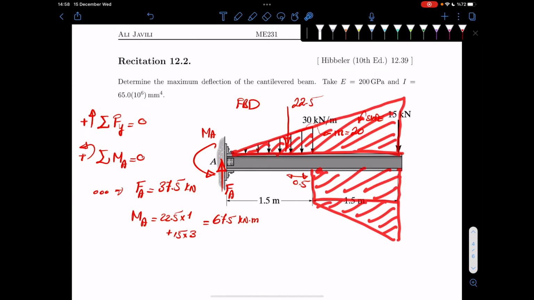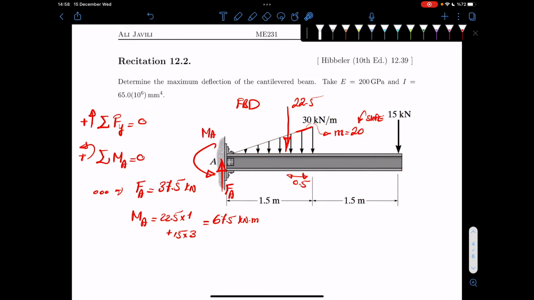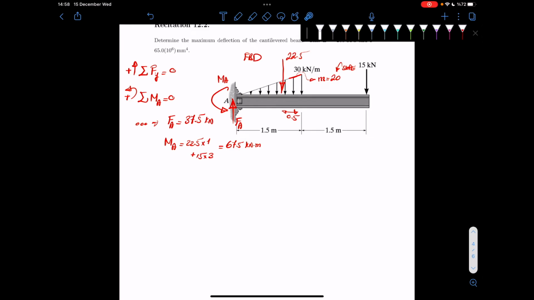This is the way I want to approach this problem. If you do this, your problem basically splits into three very nice problems, or three zones. And for each of these zones, we know exactly how to use our discontinuity functions. They become very, very standard. That's exactly what I want to do here. Let me just draw it. That's that.